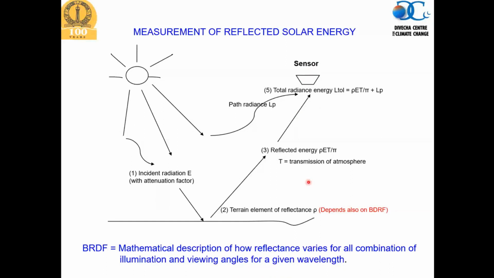But how much is reflected by the terrain element? That is important. It also depends on the bidirectional reflectance function. It is a mathematical description of how reflectance varies for all combinations of illumination and viewing angles of a given layer.